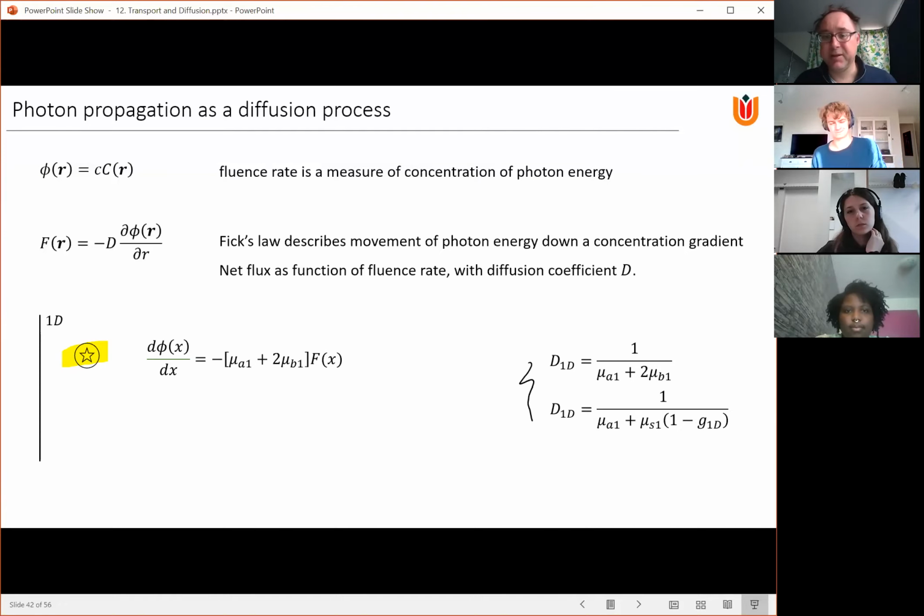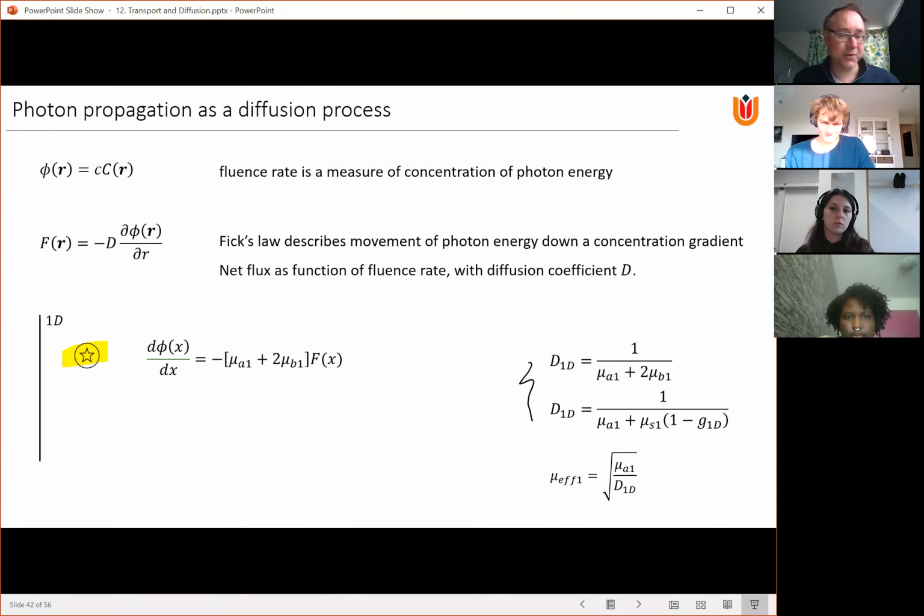And we had this little rearrangement for that. So we can also write it as 1 over the absorption coefficient plus μS times (1 minus g). It's no definite proof, but this gives a little bit of a hint of how the diffusion coefficient is going to look.